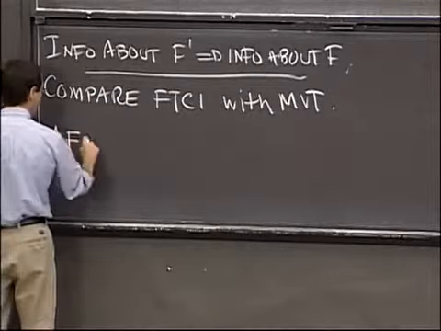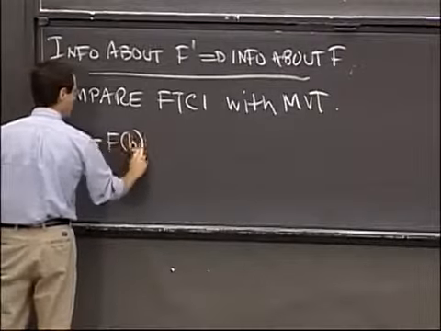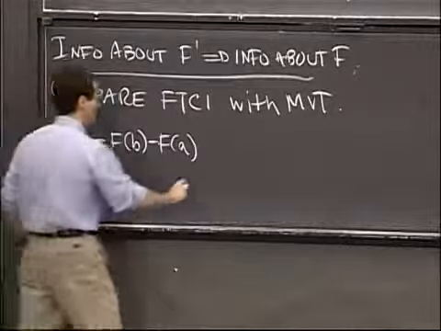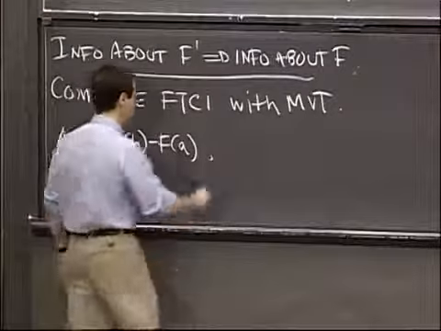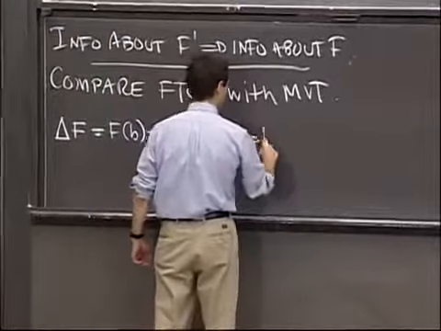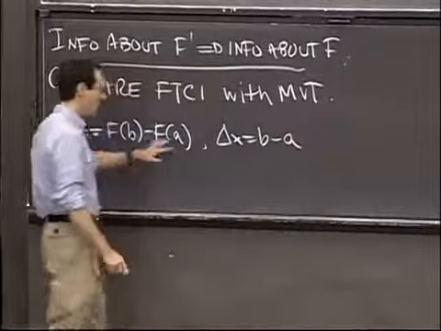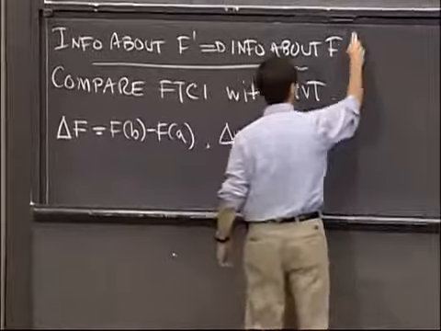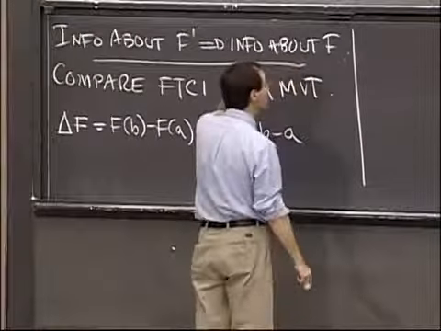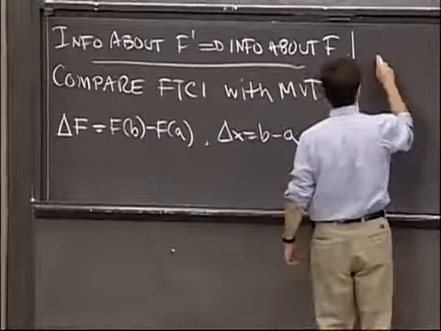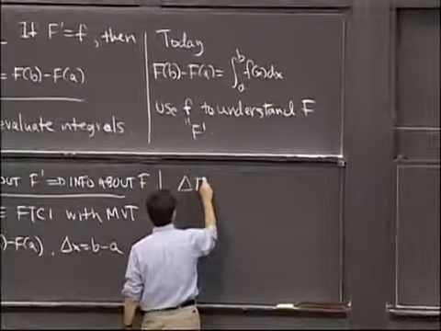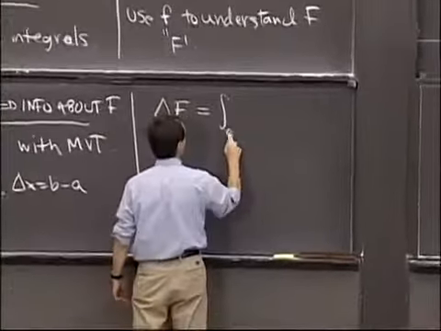I'll write delta F is F of b minus F of a. And another highly imaginative notation, delta x is equal to b minus a. So here's the change in F, there's the change in x. And then this fundamental theorem can be written, of course, right up above there is the formula, and it's the formula for delta F.